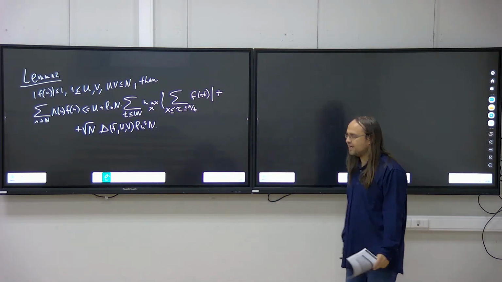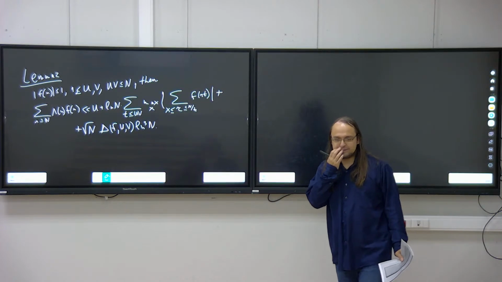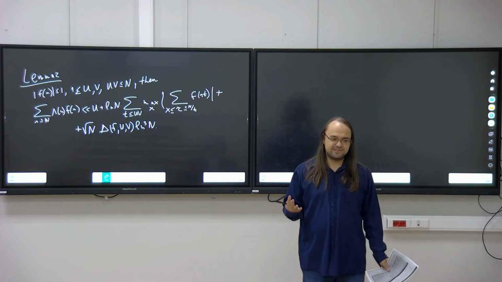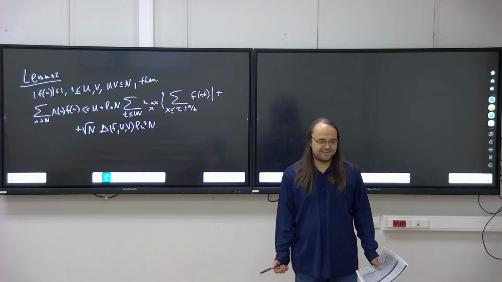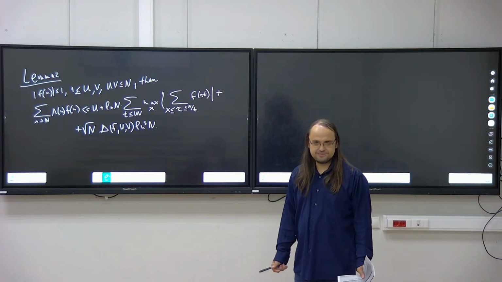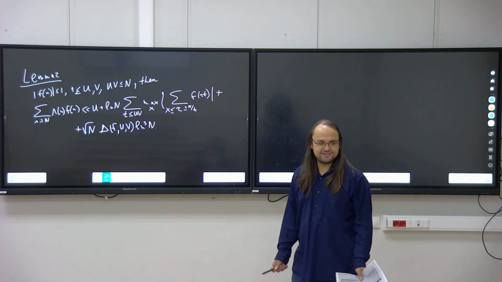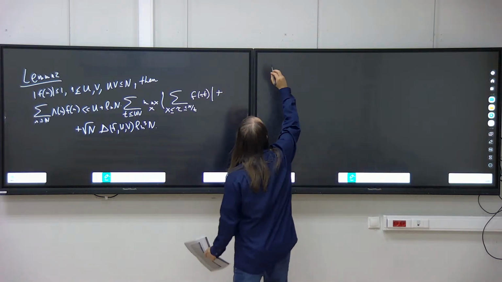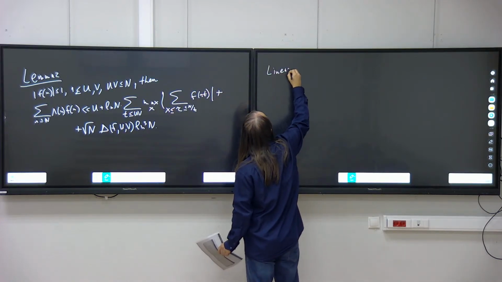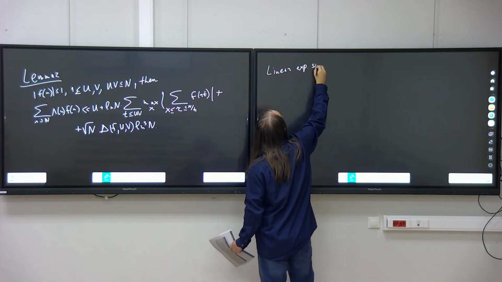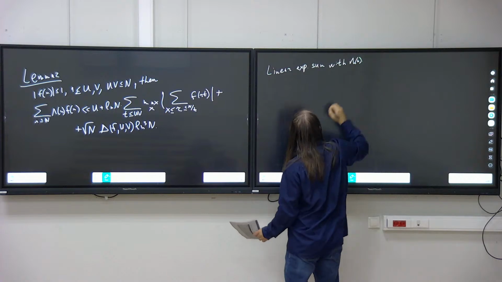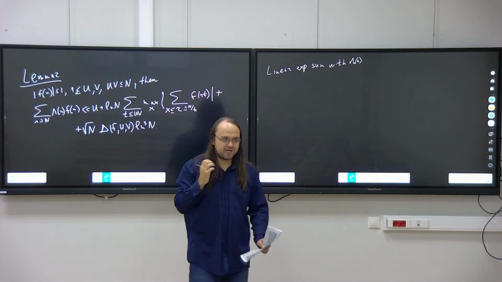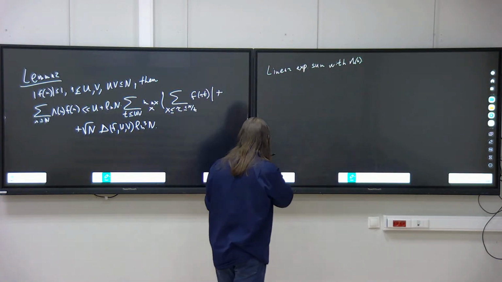Let me show you the application of this result to the most obvious oscillating function ever. What is the most obvious oscillating function? Sine. Yeah, something like this, complex exponent, right? So linear exponential sum with lambda of n. I will not go into much details about the estimate, but okay.